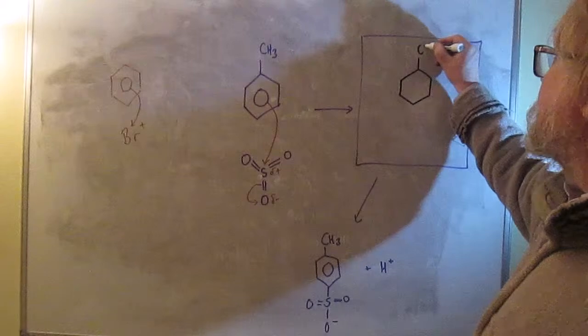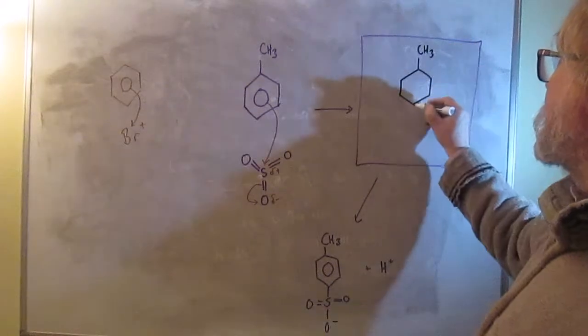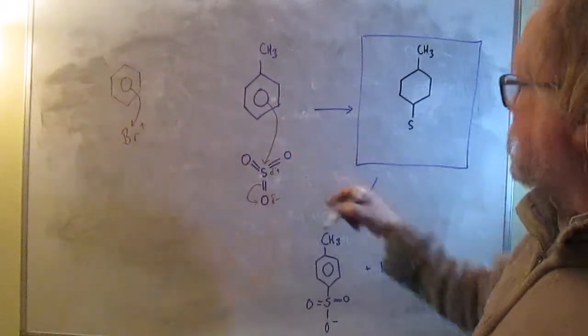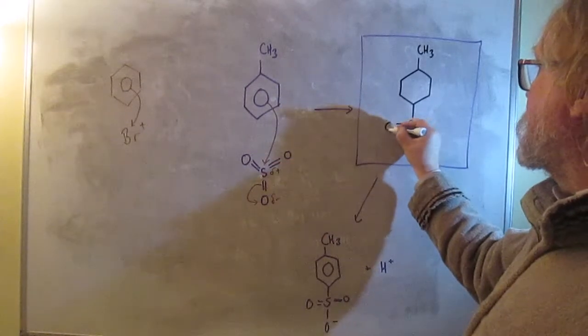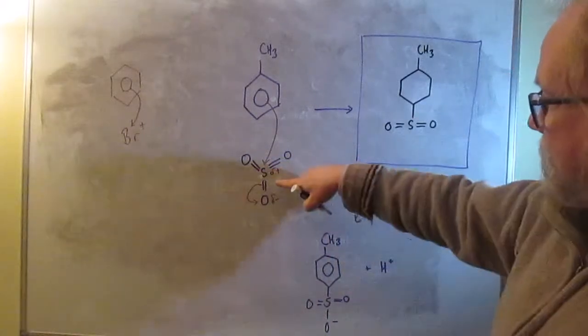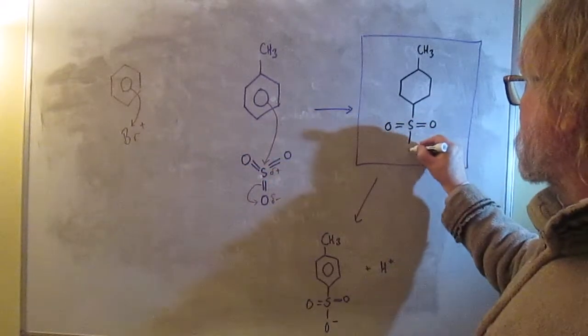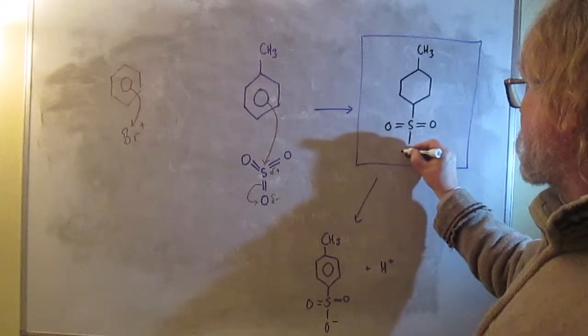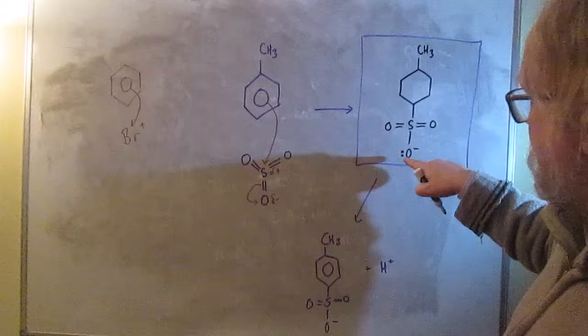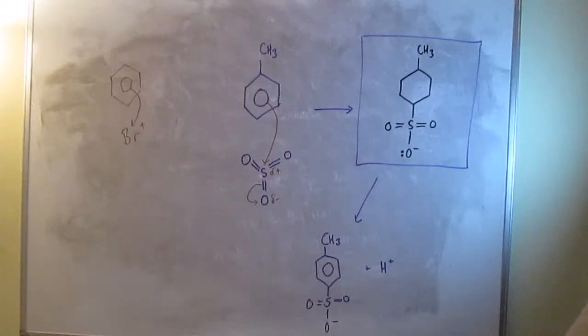You're still going to have this, and you're now going to have a bond to the sulfur, because that's what that curly arrow shows, and you're going to have these 2 oxygens unaffected, but this double bond has become a single bond O-, with a new lone pair there, because what used to be the bonded pair has become the lone pair on there.